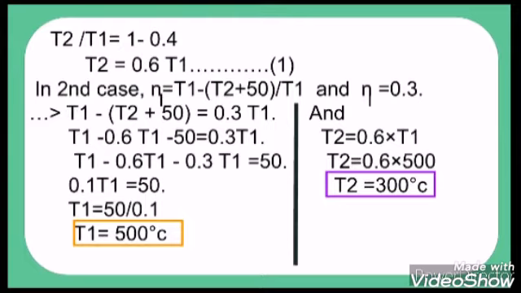On further calculation, we get T1 is equals to 50 by 0.1, which is nothing but 500 degrees Celsius. By substituting the value of T1 in equation 1, we get T2. That is, T2 is equals to 0.6 into 500. T2 is 300 degrees Celsius. Hence, the temperature of source is 500 degrees Celsius and temperature of sink is 300 degrees Celsius.